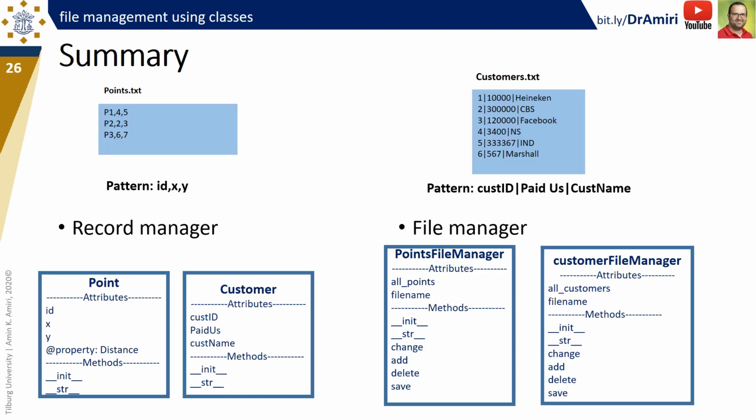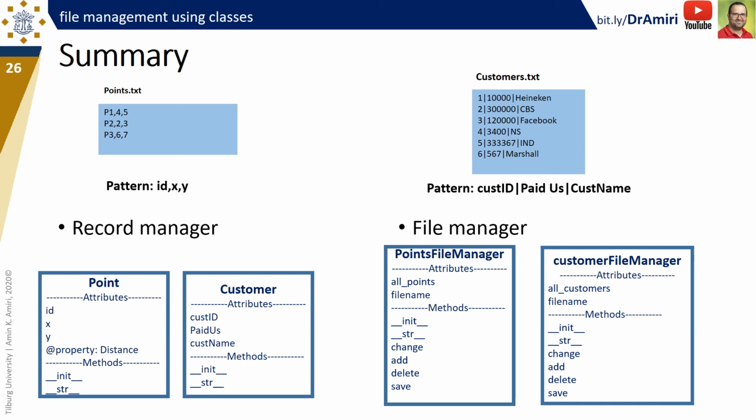In summary, when we have files with a structure, we try to first find the patterns in the file, the pattern for each record, and then we use the pattern to create a record manager class with the same attributes of record items.